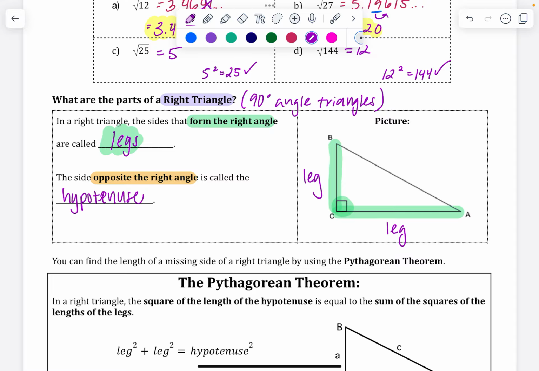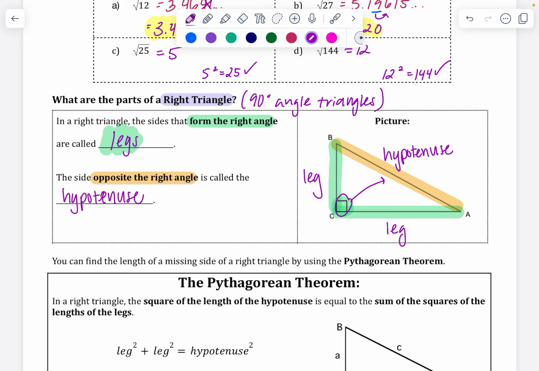Hypotenuse. It's a weird word. Go and try saying it. Hypotenuse. Okay, so the side opposite of the right angle, so here's the right angle, opposite to the right angle is this side, and this is called the hypotenuse.